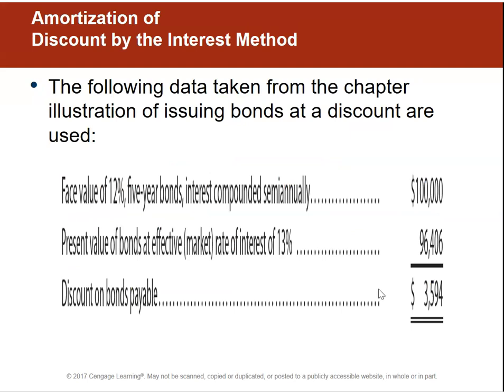So this is what we're talking about right here. I want you to do your best with this as we possibly can. We're going to pay 12% interest, right? Which, if we recall, we're paying semi-annually. And so every 6 months, we're going to be paying out $6,000 in interest. Okay?